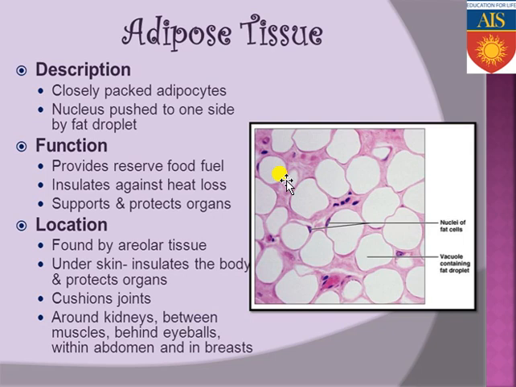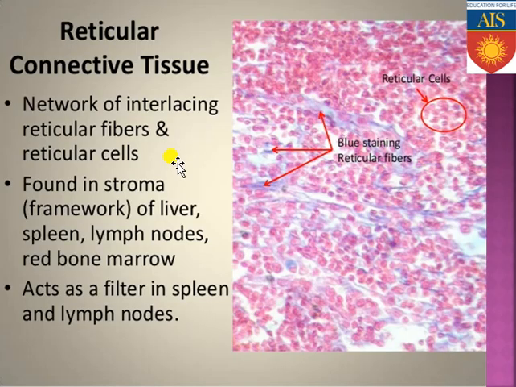They are present around the kidneys, between the muscles, behind the eyeball, within the abdomen, as well as in the breast region. Which regions of our body are soft and more swelled? Obviously those portions are made with the help of this adipose tissue. They are responsible for synthesizing fat and storing fat. Okay. So locations and functions are also very clear to all of you students.